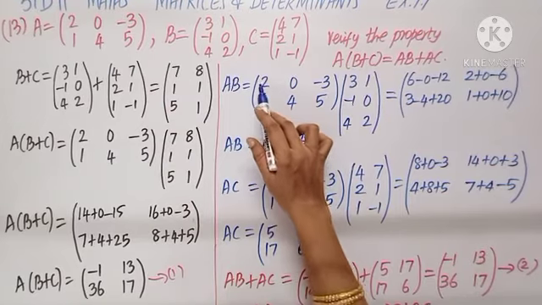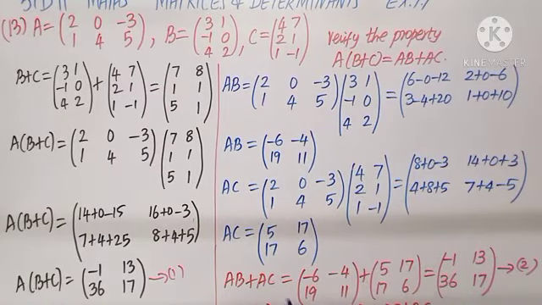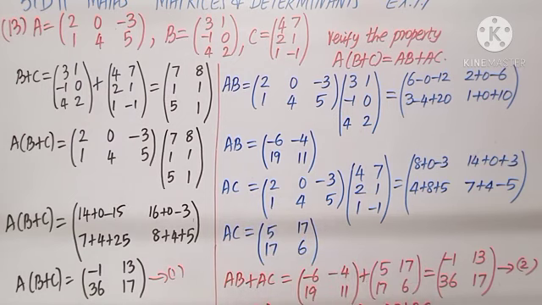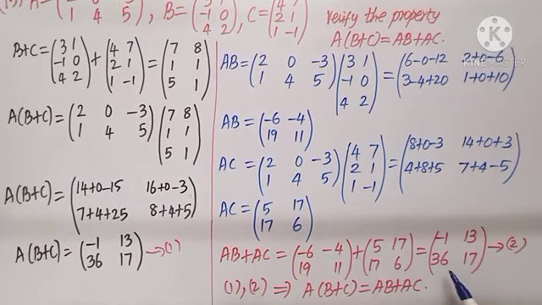A into B, again row by column. We have multiplied. AC, row by column, we have multiplied. Adding AB and AC, we have verified. 1 and 2 are equal, implying A into B plus C equals A into B plus A into C, and hence the problem.